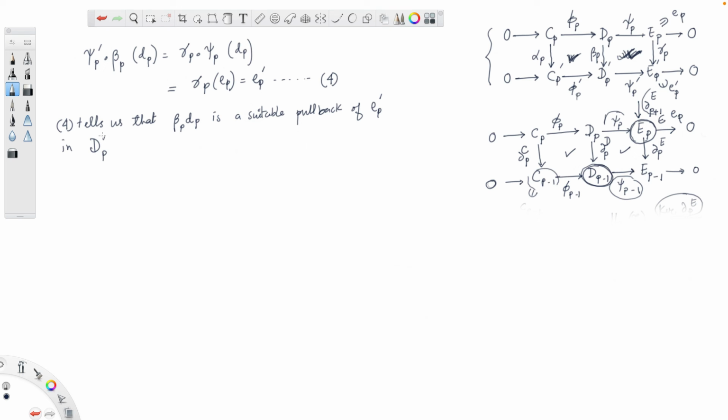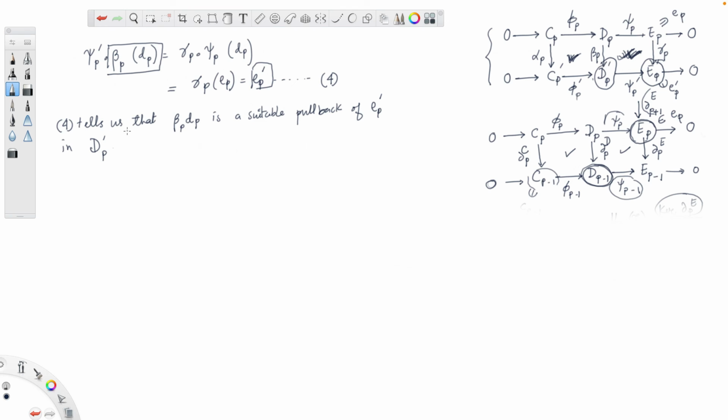Okay, so we have just seen in equation number 4 that when psi p prime, this map acts on this element here, in this group, then we get this element EP prime in this group. Okay, so it is in this sense we are saying that beta p dP is a pullback of EP prime which lies in this group dP prime.